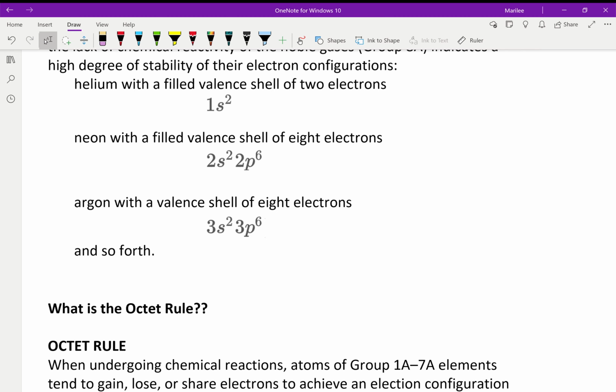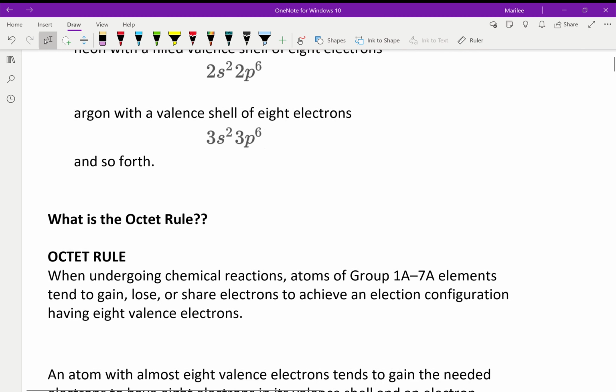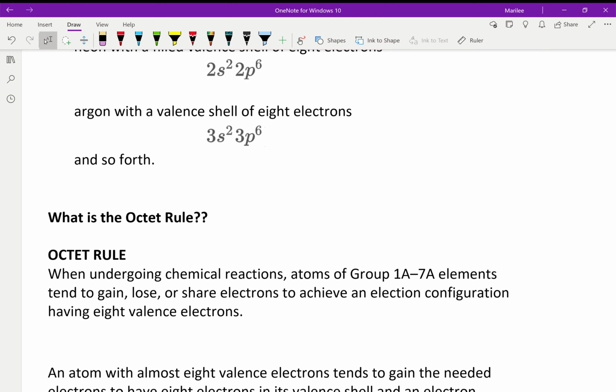So this goes into asking, what is the octet rule? The octet rule is when undergoing a chemical reaction, atoms of group 1A to 7A elements tend to gain, lose, or share electrons to achieve an electron configuration of having 8 valence electrons.